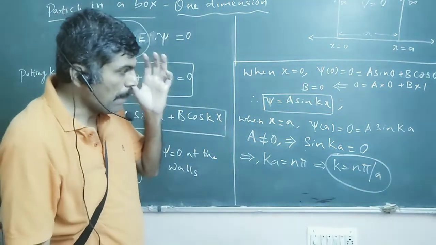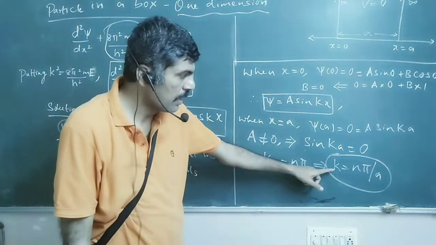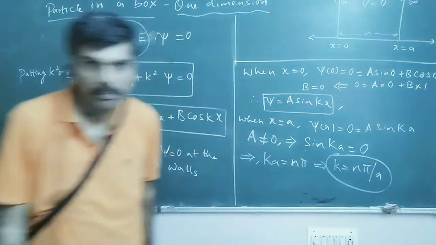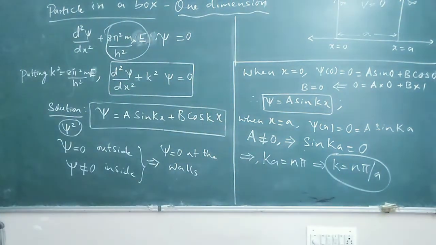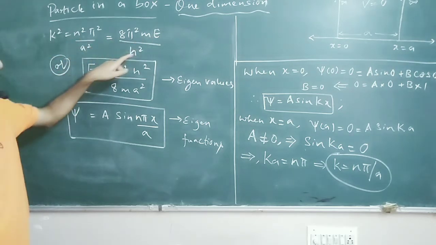Hence, by applying the boundary conditions, we are now able to evaluate the form of k as n pi by a. Hence, we realize that k square is equal to n square pi square by a square, and by assumption k square was 8 pi square me by h square.